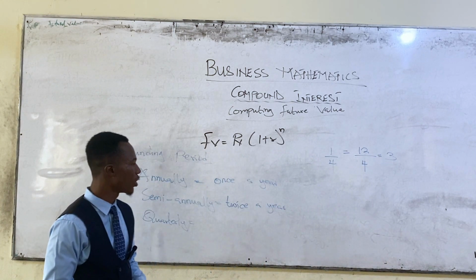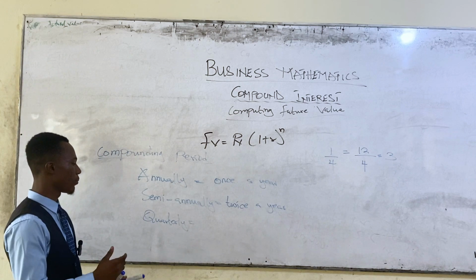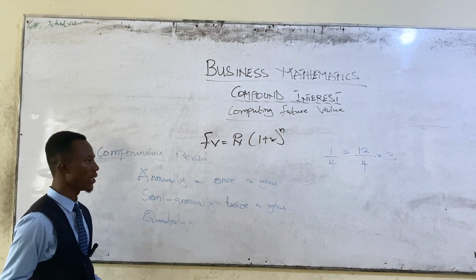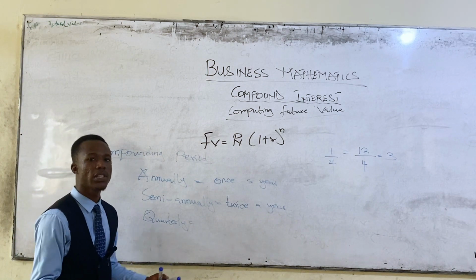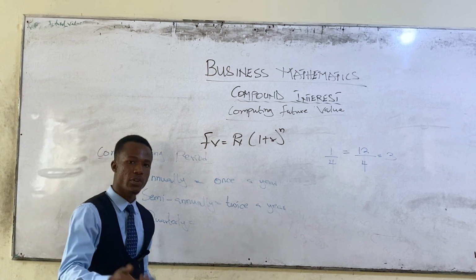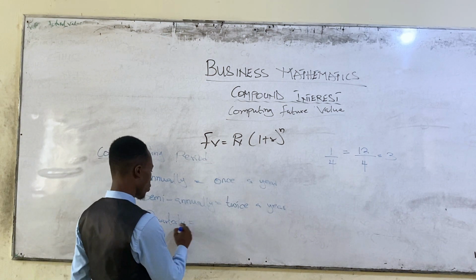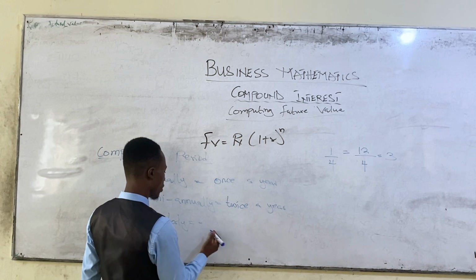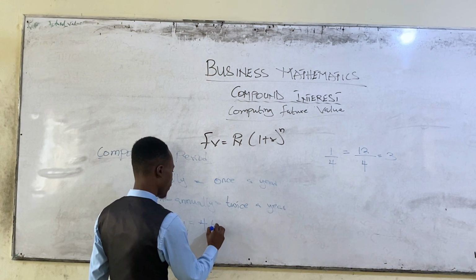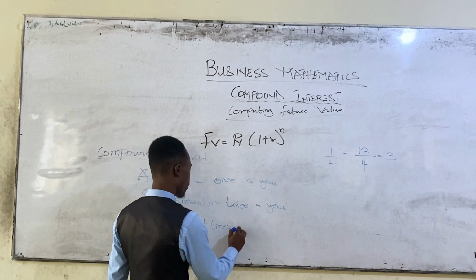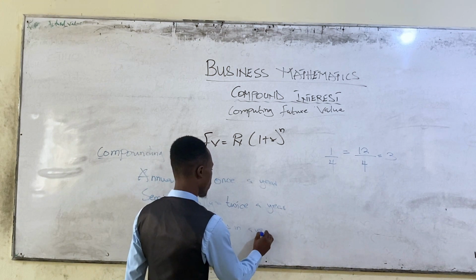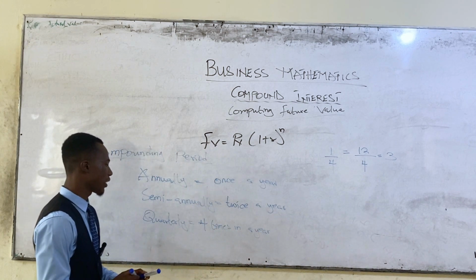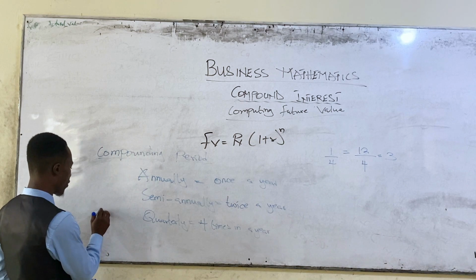So if you tell me I am supposed to compound the loan quarterly, it means I'm supposed to calculate the interest every 3 months. So quarterly is the same as 4 times in a year, which is the same as every 3 months.